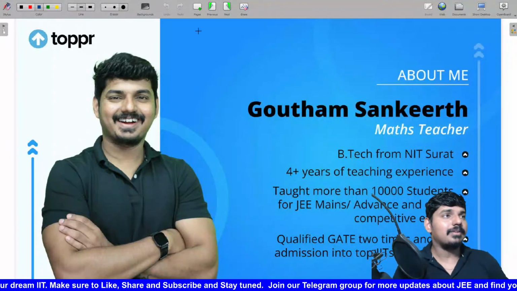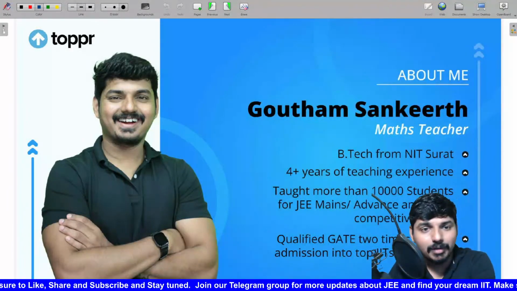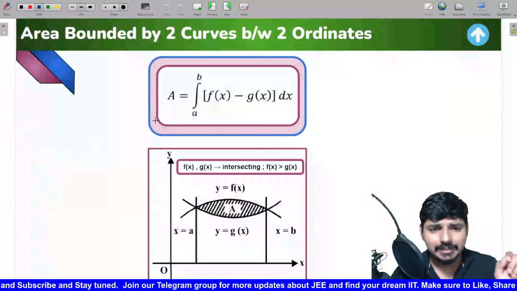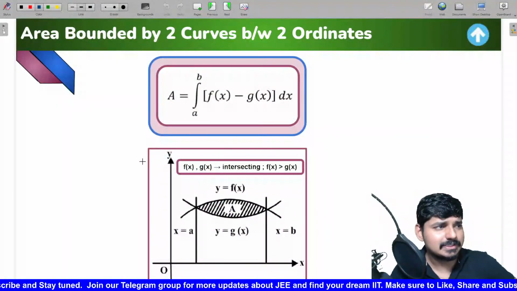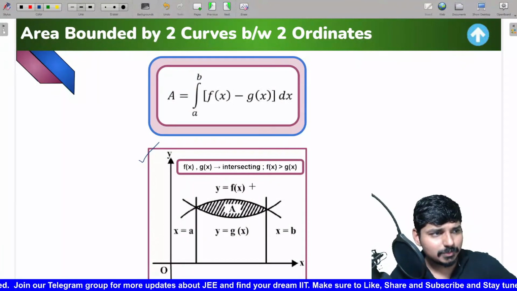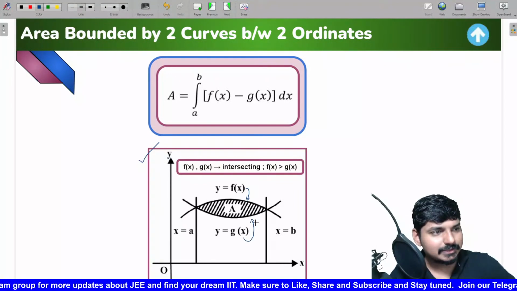Now let me start discussing the area that is bounded between two curves. This is going to be very interesting. For example, look at this curve. f of x is given by this curve, and g of x is given by this curve.